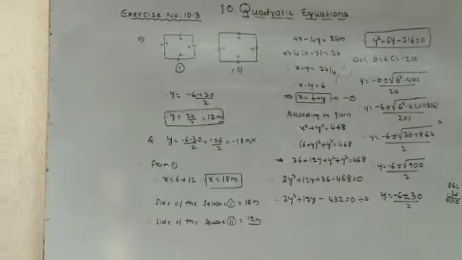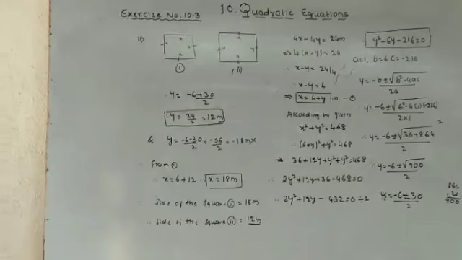Next, the sum of the areas of two squares, according to the given. First one x square area, another one y square. Sum of areas of squares, x square plus y square, is equal to 468. Now we replace the value of x.